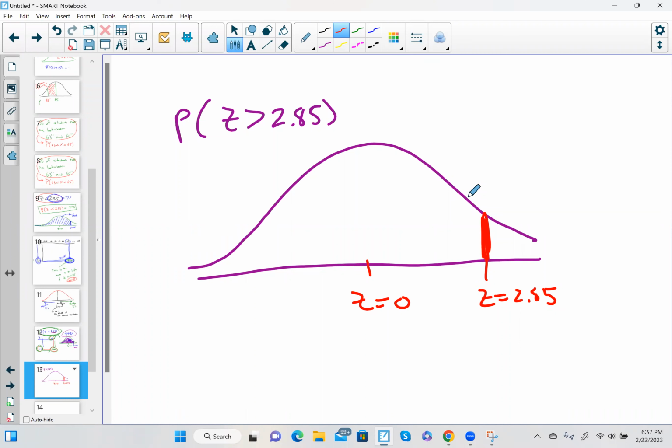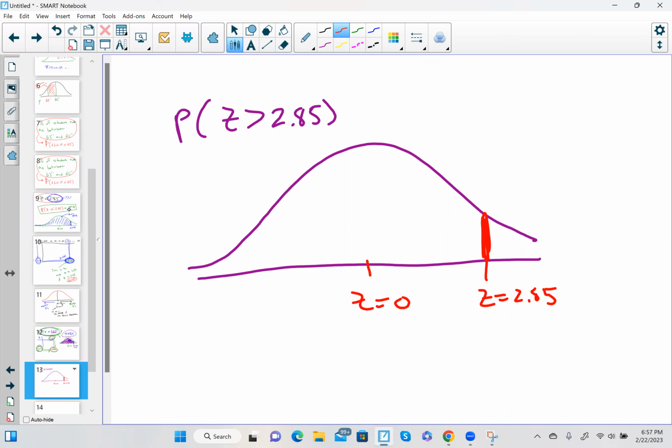Now here's what I've got to remember. When I look up Z equals 2.85 in the chart, which we did earlier tonight, we got 0.9978.